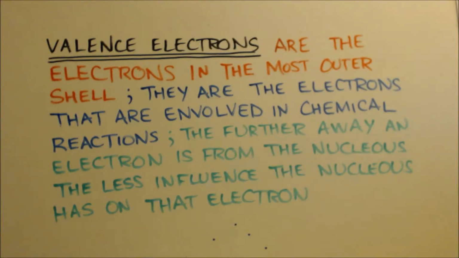If you think about it, those electrons are the ones involved in chemical reactions. The reason is that the further away an electron is from the nucleus, the less influence the nucleus has on that electron. It's not gravity, I think it's called Coulomb force, but it's the same type of concept.